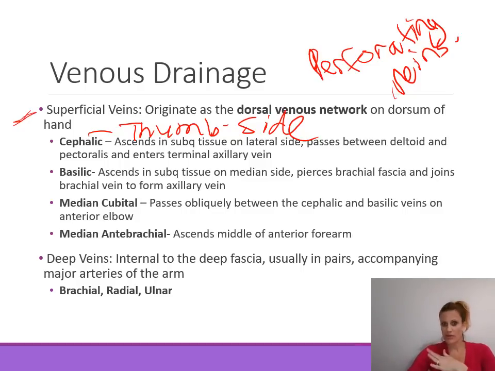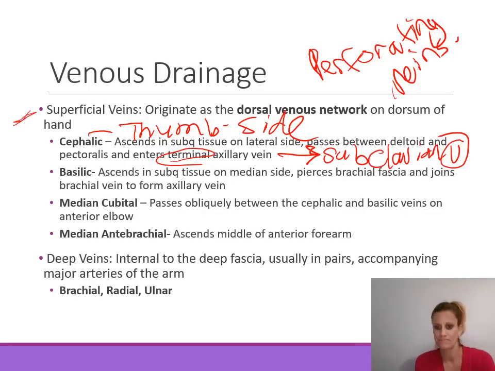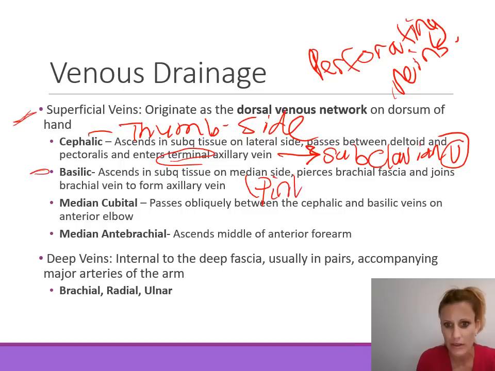It passes between the deltoid and the pectoralis, and it merges with the terminal axillary vein. So the very, very end of the axillary vein it merges with, and that allows us to form the subclavian vein.